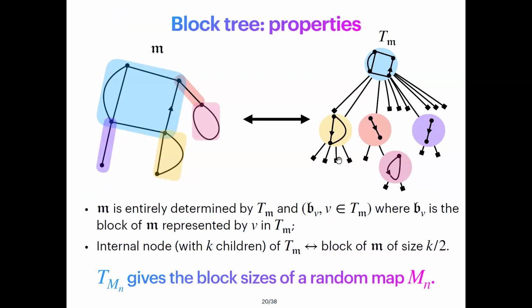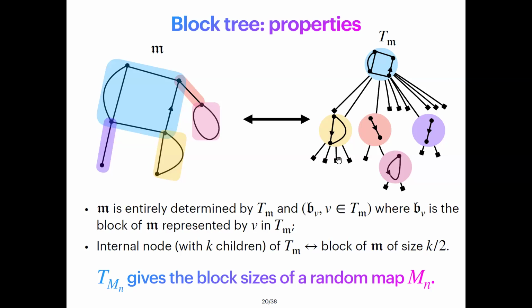This block tree has a lot of very interesting properties. So the most important one is that it's in one-to-one correspondence with maps. So the map is entirely determined by the tree with its decorations on the internal nodes.